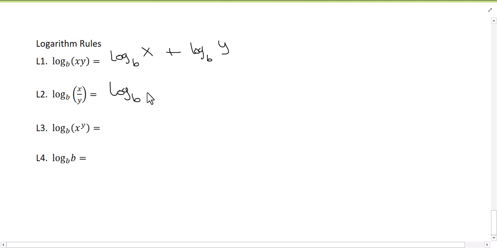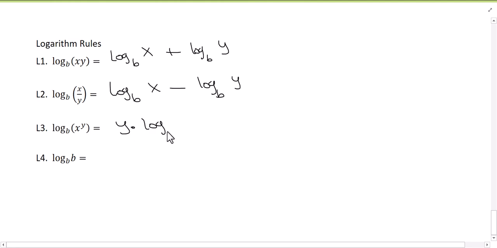So it becomes log base b of x minus log base b of y. So we're expanding, right? So for my single logarithm, you expand into the sum of two logarithms when the inside is multiplied. When the inside is divided, you take that single logarithm and expand it into the difference of two logarithms.